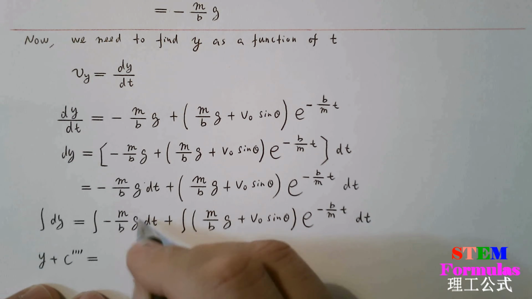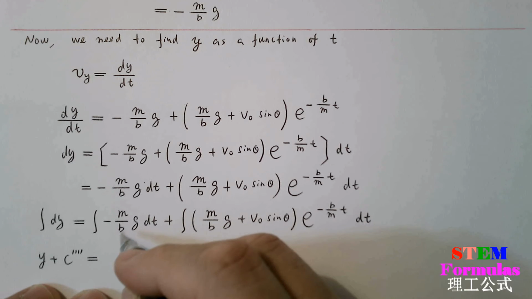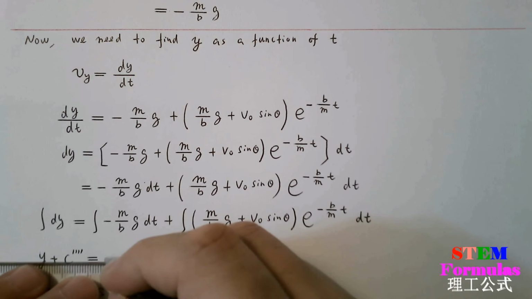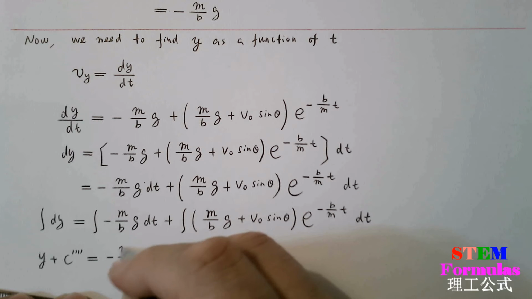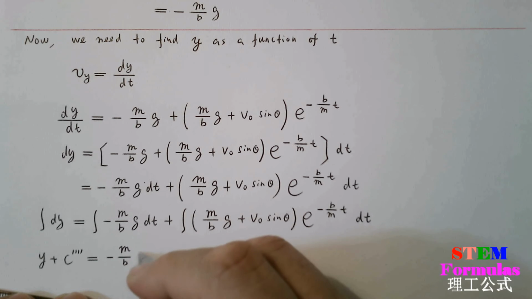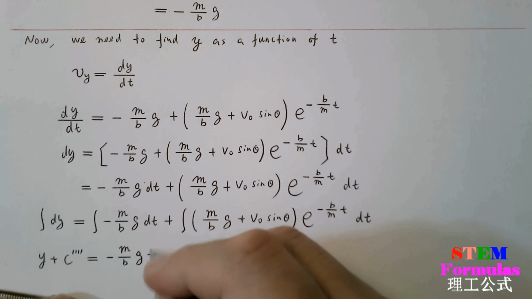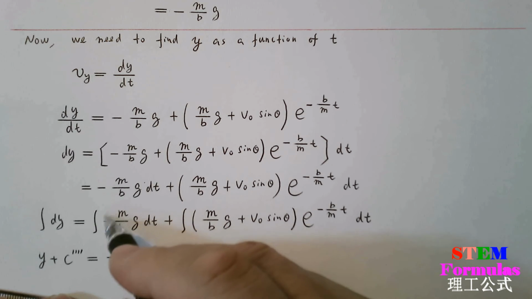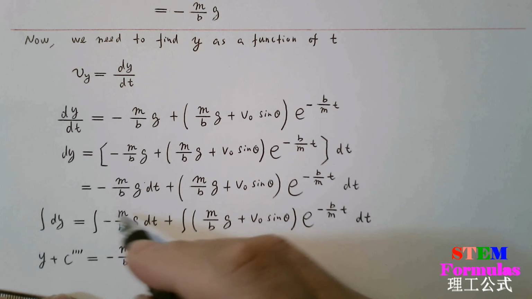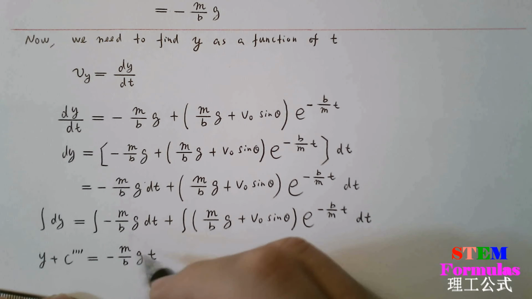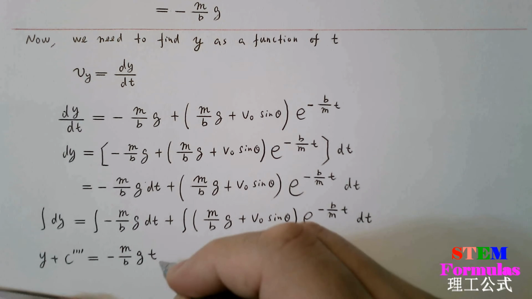Here's the coefficient, minus m b g, and time. The coefficient is just a number, I take it out. Then integral dt, I get t.